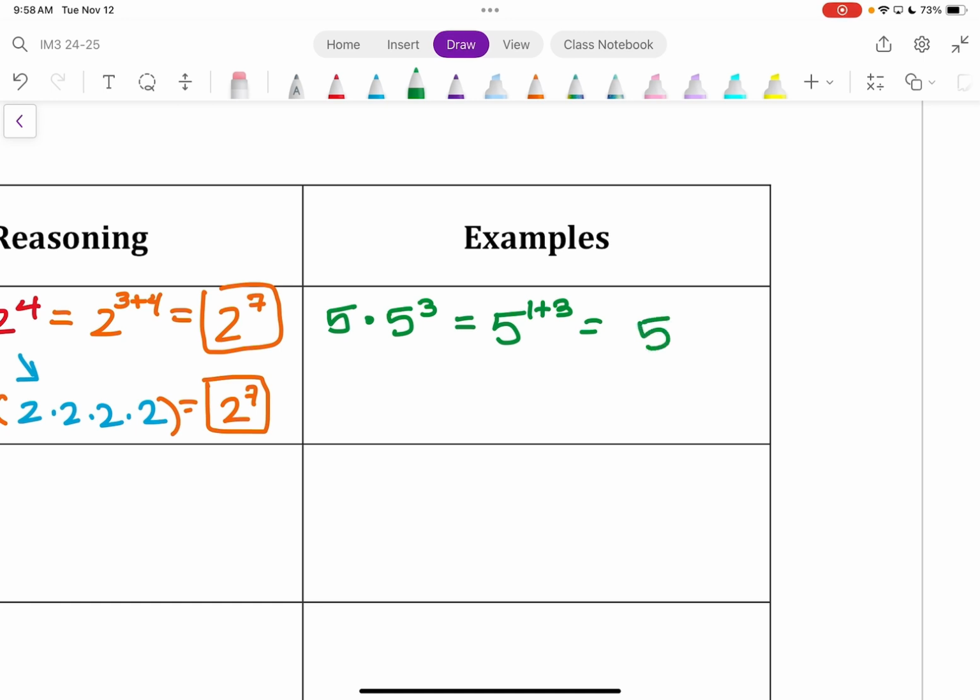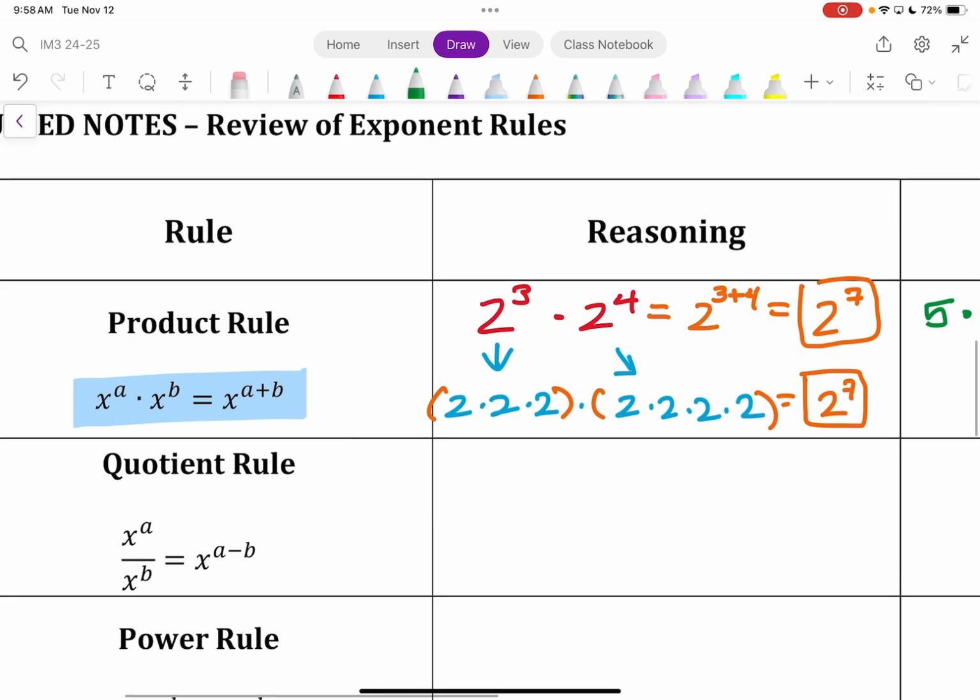So we can rewrite this as 5 to the 4th power. To summarize how the product rule works, when you multiply the same base, you add the exponents. Now let's see how the quotient rule works.